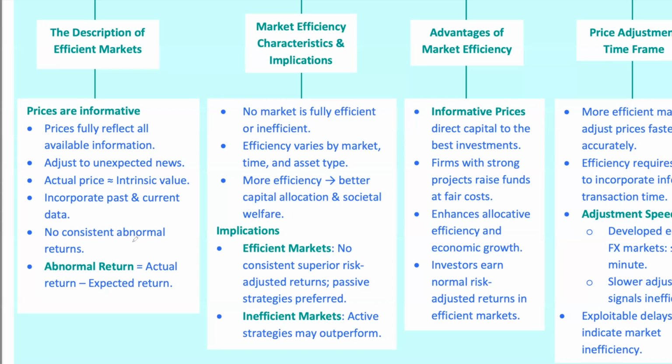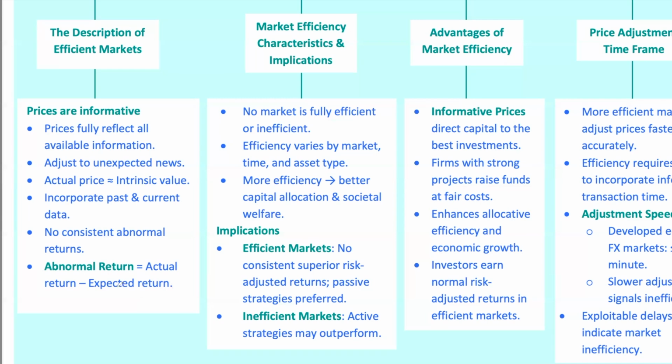If you measure your returns in a way that accounts for risk, it's not possible to systematically beat the market by using information that everyone else already has. So keep that in mind. The math often shows abnormal return is equal to actual return minus expected return. Here, that expected return is what you'd normally anticipate for a given level of risk.